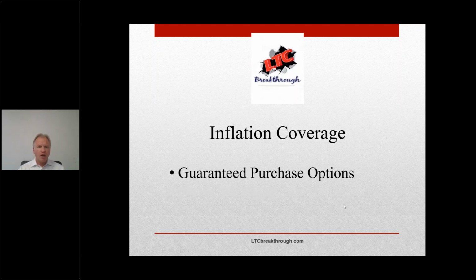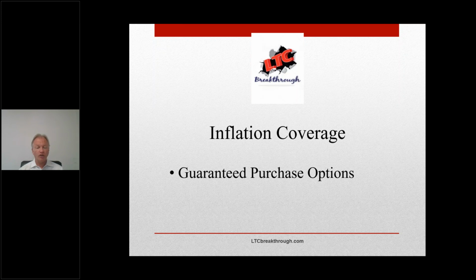Finally, there is one other option offered by most insurance companies today for inflation coverage, and that's called a guaranteed purchase option. Some companies call it a future purchase option. And basically what that allows you to do is you don't have any automatic inflationary increases, but at predetermined times, the insurance company will make you offers to increase your coverage without any underwriting requirements.